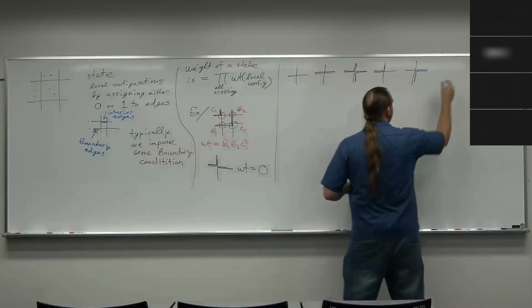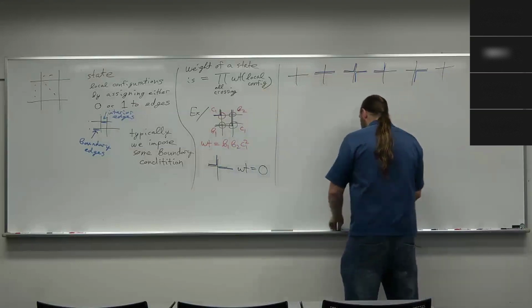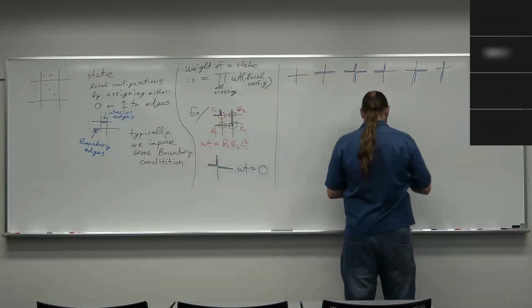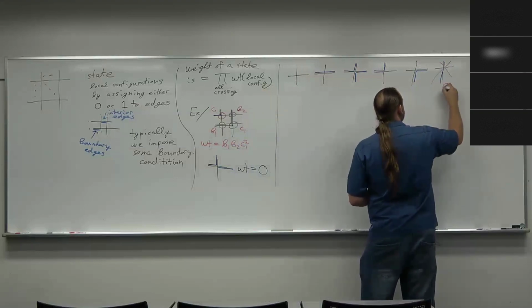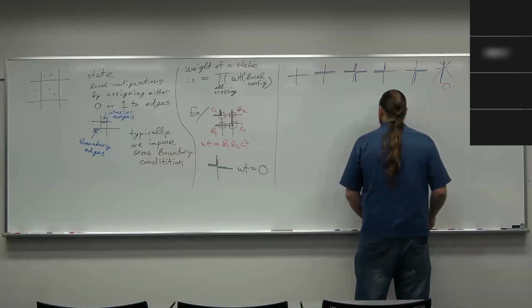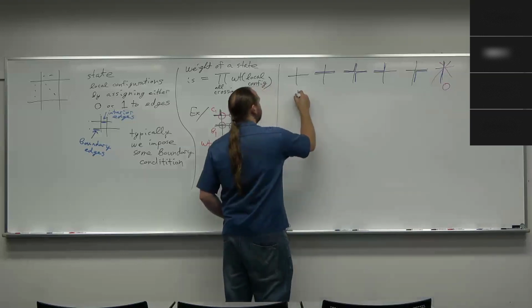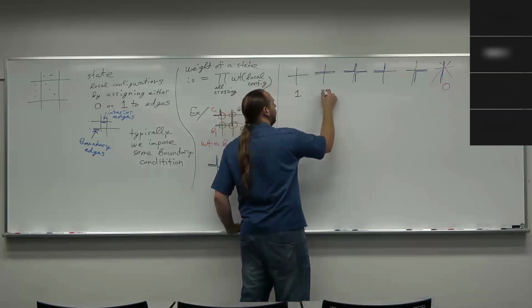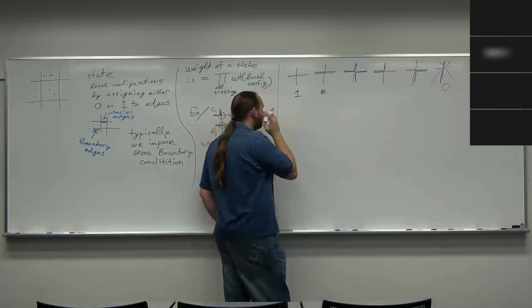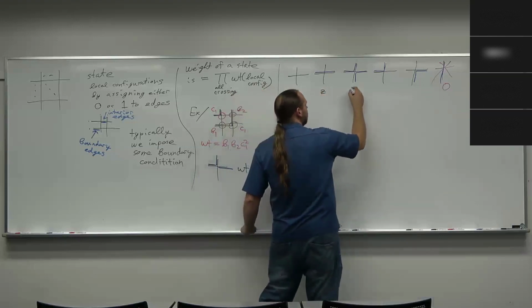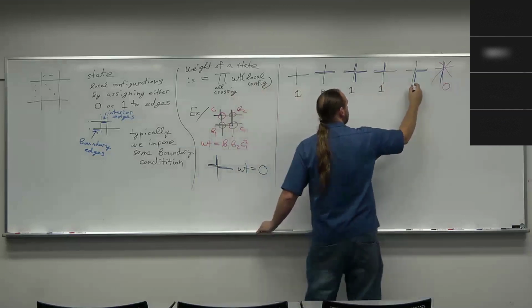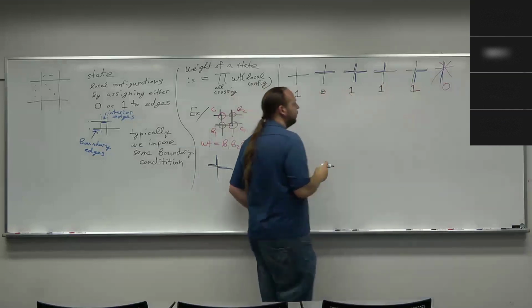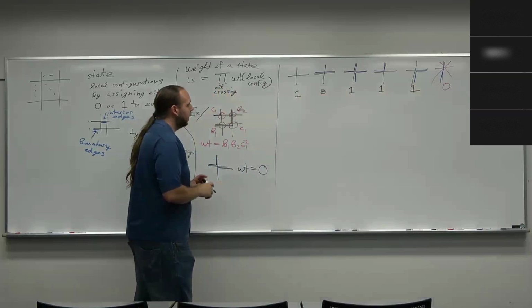Okay, I'll draw it in and then I'm going to cross it out because I want this to have weight 0. This will have weight 1. I will say what z means in just a second. So everything else will have weight 1.